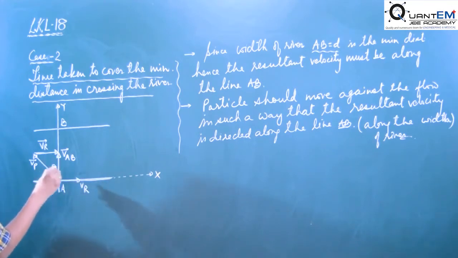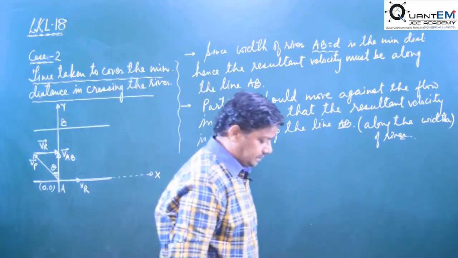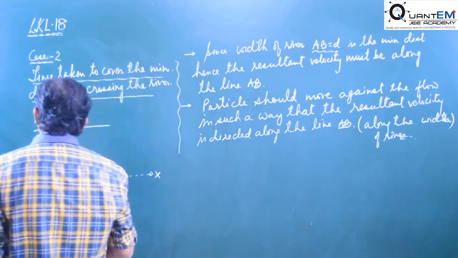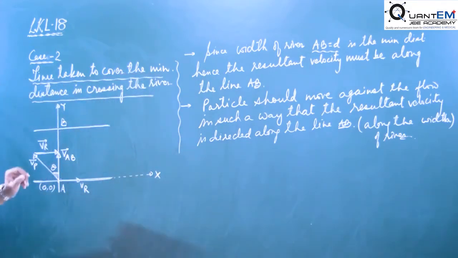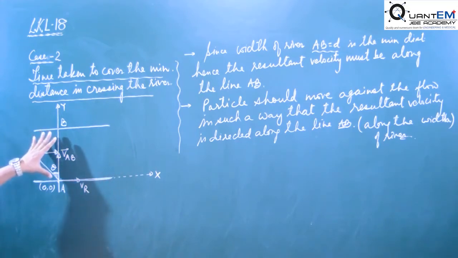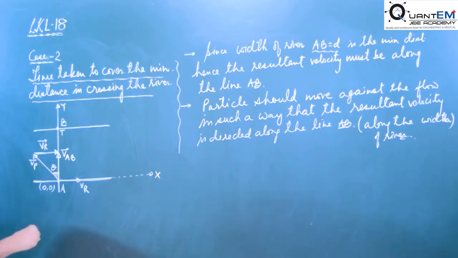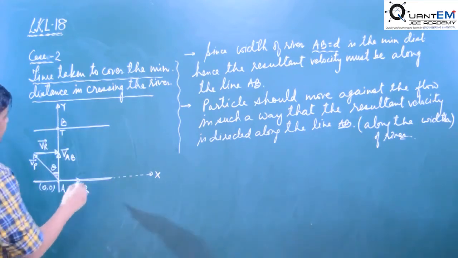This angle, suppose we have theta. Now see, it is the value of VAB. If the resultant velocity is directed along the line AB, then the particle will cover the minimum distance in crossing the river, and the particle reaches here at time T.